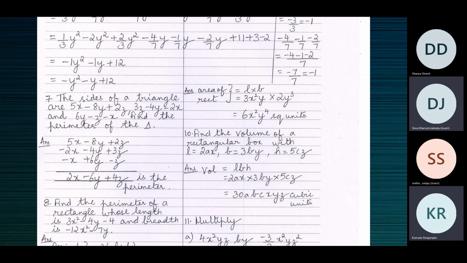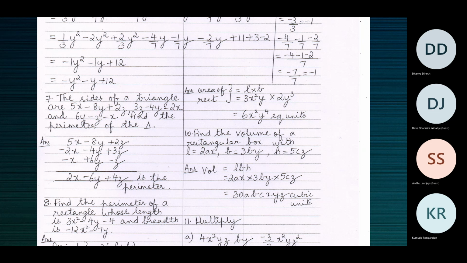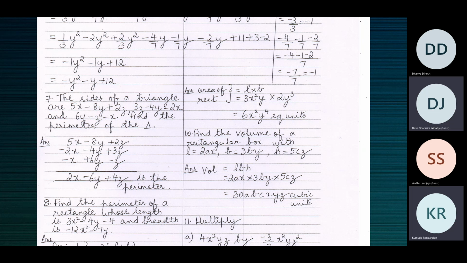What are the different coefficients of x? What is the coefficient of x in the first one? 5, ma'am. Next one? 2, ma'am. No, minus 2. Next one? Minus x.